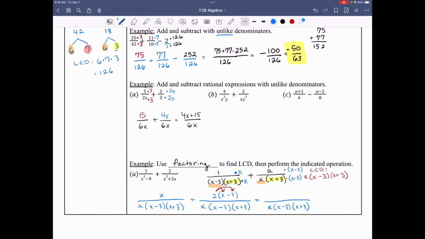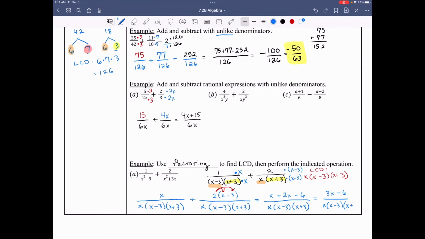Then we had our first x plus, here we distribute, we have 2x, and 2 times negative 3 is negative 6. We can combine like terms, x plus 2x is 3x, so 3x minus 6. And if you want, you can distribute out the denominator, but I am also okay with you leaving it the same. Except that I'm wondering, no, nothing would cancel out.